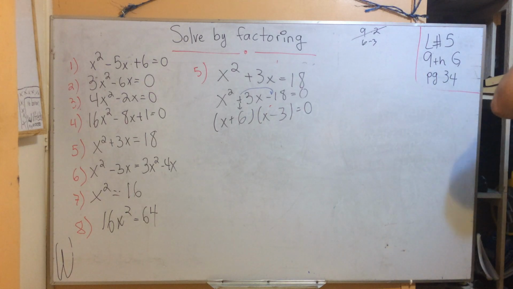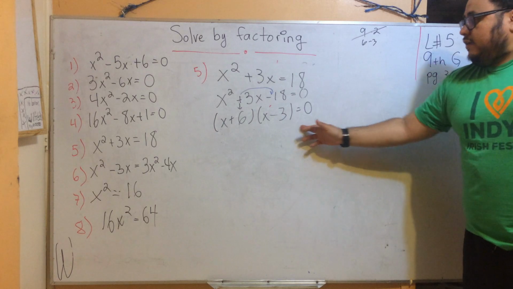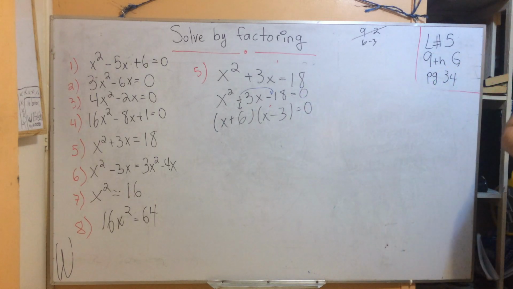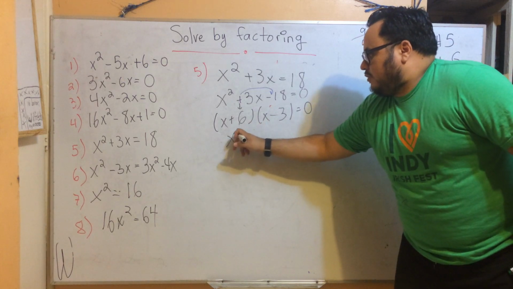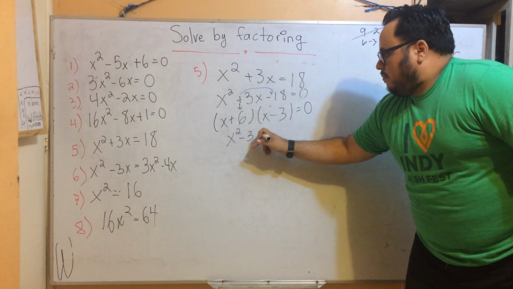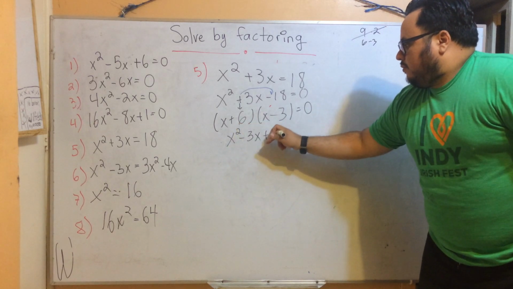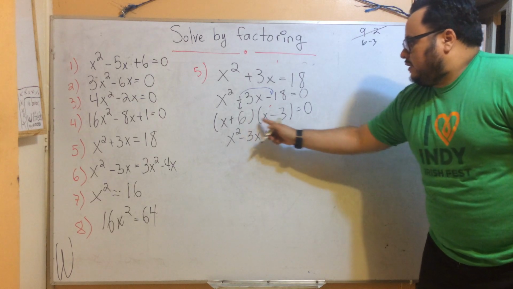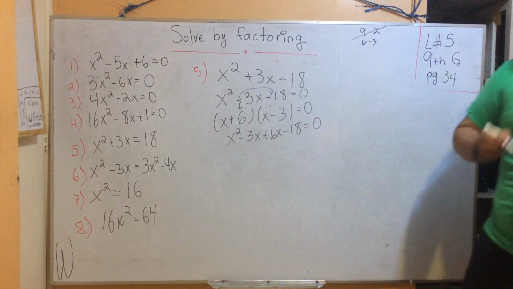So we're going to try 6 and 3. Let's try the multiplication so that we can check if it gives us this number. X times x, x squared. X times minus 3, minus 3x. Plus 6 times x, plus 6x. And 6 times minus 3, minus 18.